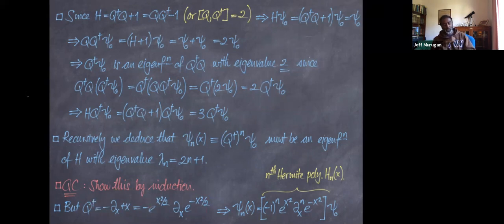Then you take this Q dagger, you stick it in here, you take the nth power, and it comes out to be exactly this. You should definitely do that exercise and convince yourself that it comes out. So this object here is precisely the nth Hermite polynomial. That's all I was doing, touching base with what you might already be familiar with from quantum mechanics.